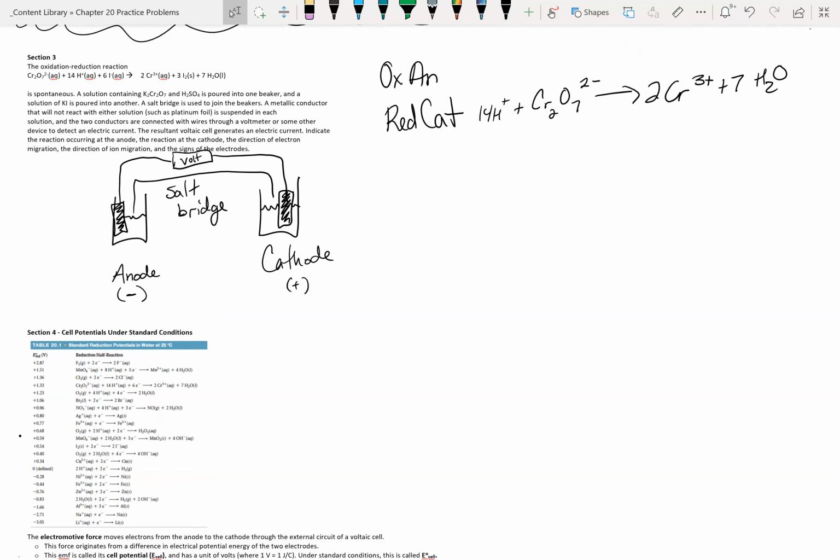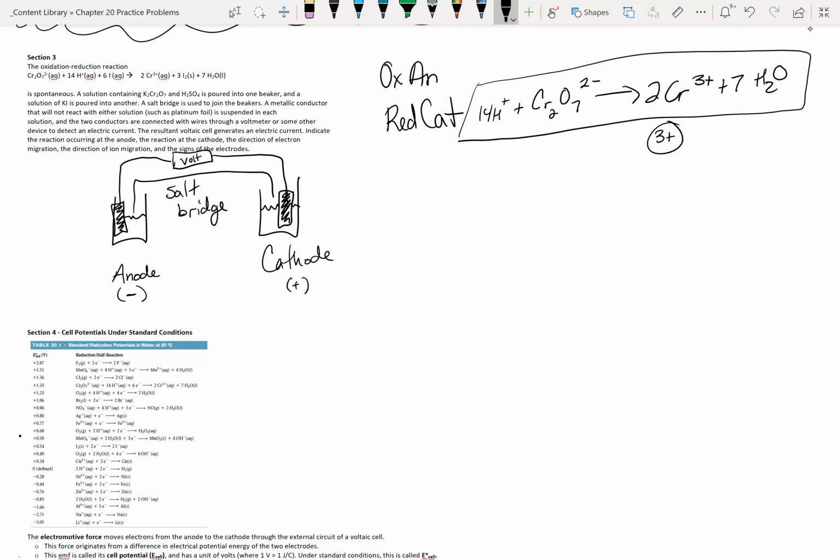Okay, so on the left side of our reaction, we want to figure out what chromium is, and then on the right side, we want to figure out how it changes. Obviously, we know that chromium becomes a 3+. What we need to know is what it is on the left side. If you recall, we've actually seen this problem before, but chromium turns out to be a 6+ ion on the left. Since it goes from 6+ to a less positive number, that means that it has gained or lost electrons.